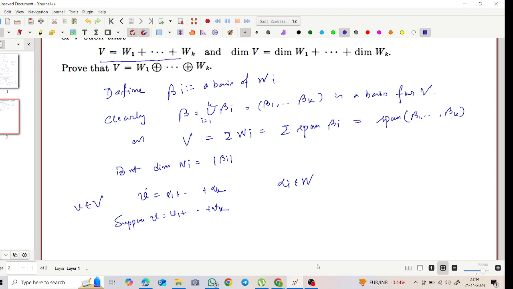So how should we proceed? How should we proceed? Can we define Ei of V alpha? But to define it, I have to talk about the well-definedness.